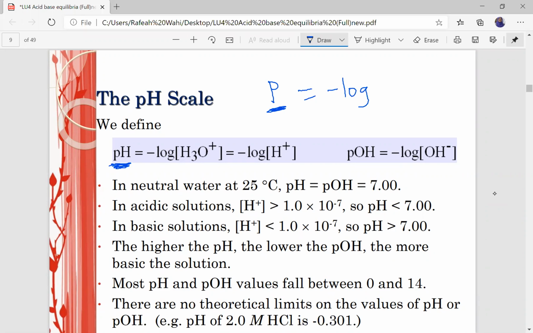So when we talk about pH, it's negative log H plus ion. And because we use hydronium ion interchangeably with H plus ion, it is the same. Whenever we talk about negative log H plus ion, we can also use negative log hydronium ion.